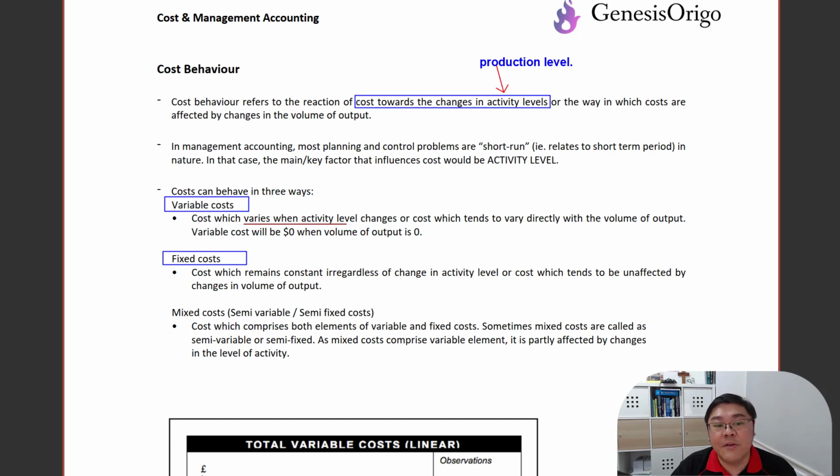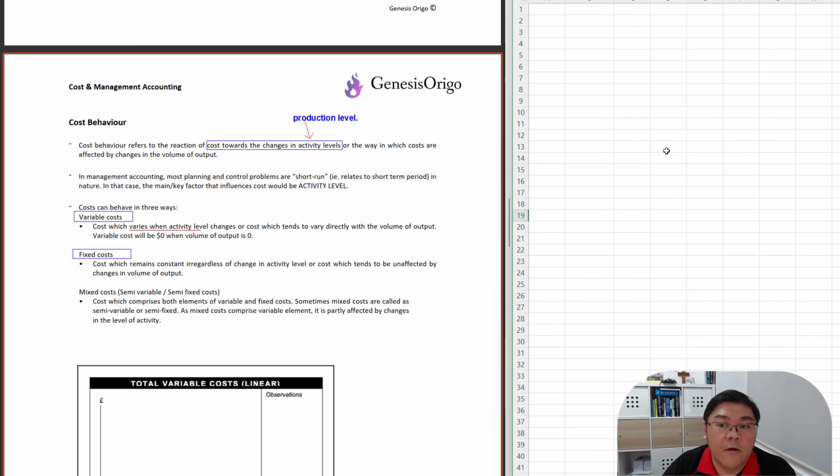Can we use an example to show you what a variable cost is? I'm going to use Excel to show you what it means. Let's say I know that the cost per unit is $5.